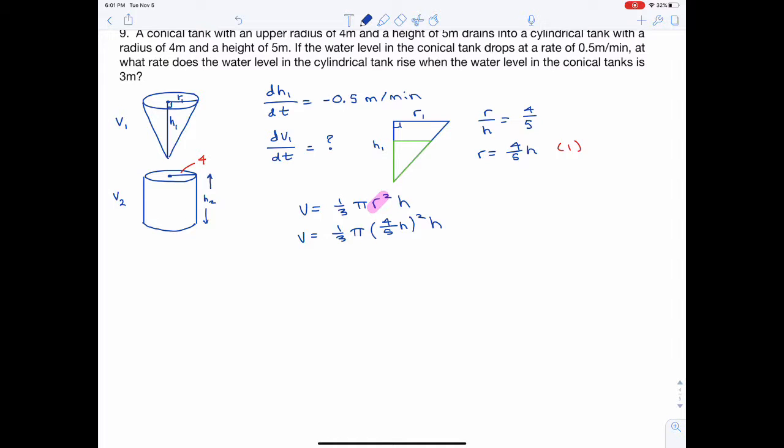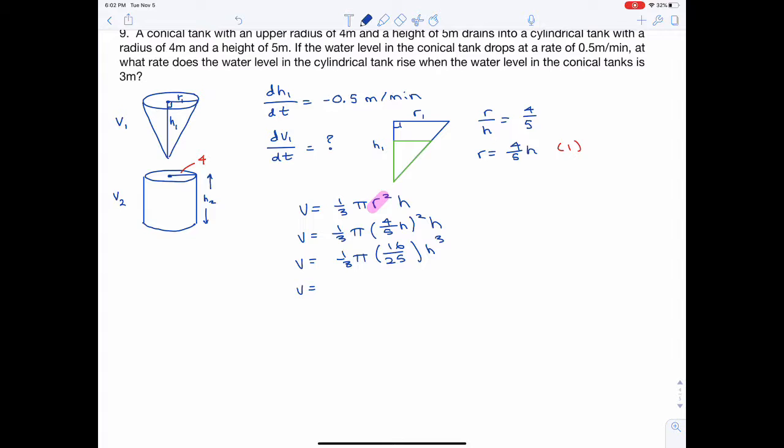When I do that and I simplify, I get volume equals 1/3 pi times 16/25 h cubed, right? H squared times h is h cubed, which simplifies to, what does that simplify to?